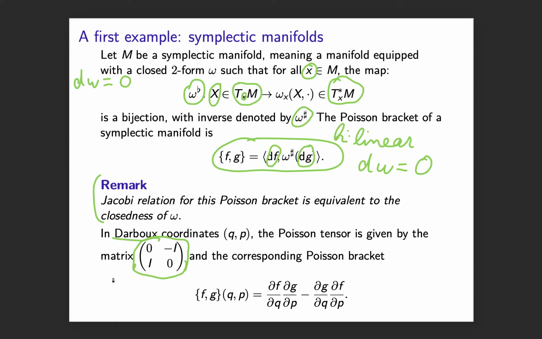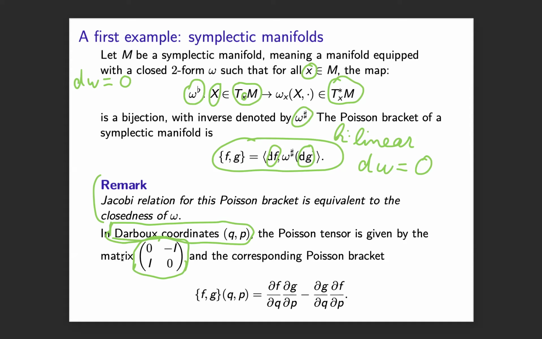So the coordinates in which the bivector field writes as this matrix are called Darboux coordinates. And every symplectic manifold has Darboux coordinates. So it's a strong statement about symplectic geometry. In symplectic geometry, you don't have any local invariant.